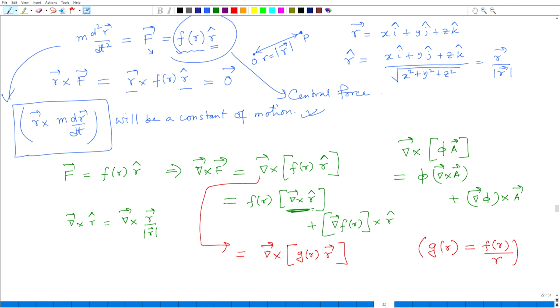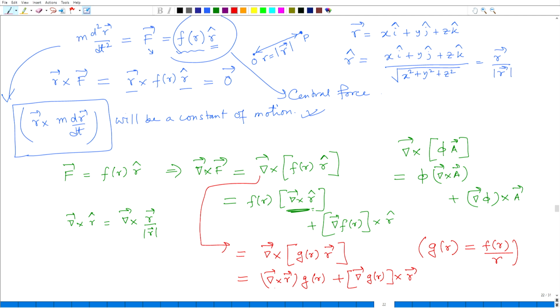If you write that, then equivalently you get curl of r times g(r) plus gradient of g(r) cross r.